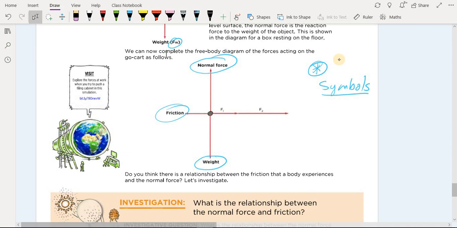And so instead of writing the word normal force, we typically sometimes have F subscript capital N. This would be F subscript small f, force of friction. And this would be F capital W for the force of weight. Or we sometimes give it a small g for gravity. And so that's your free body diagram.